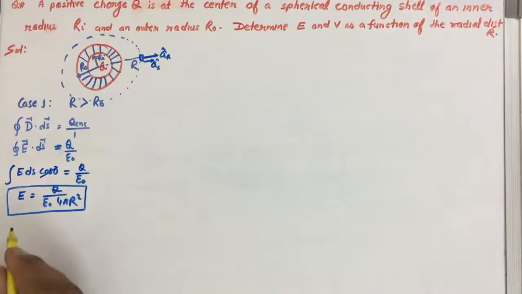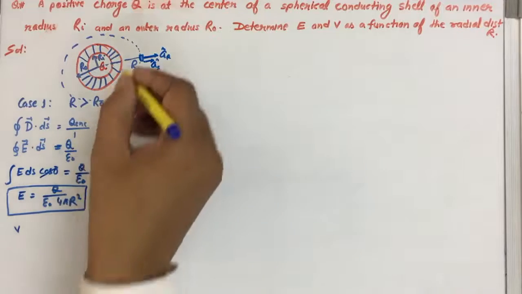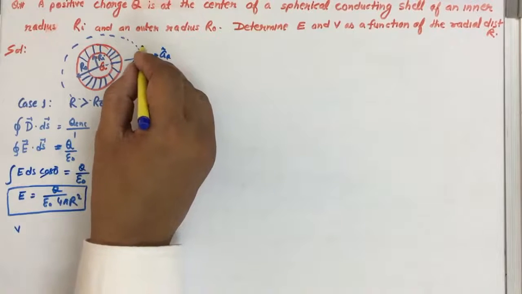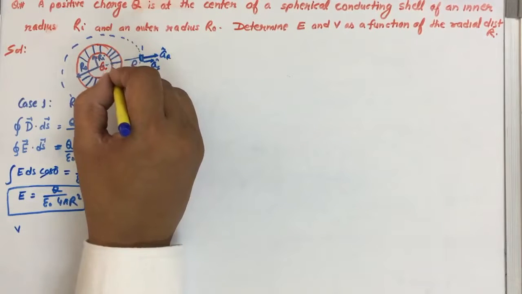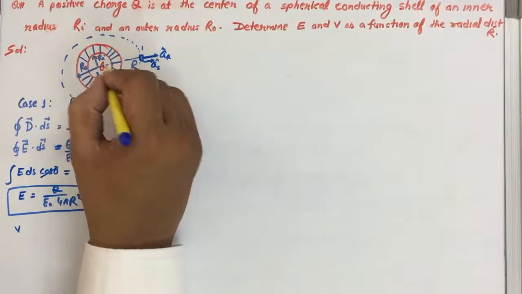Now let us try to find V for this case. We came to know E, now we have interest in V. So V at this point, for example, mark it point 1, consider any point 2 here, consider any point 3 here.